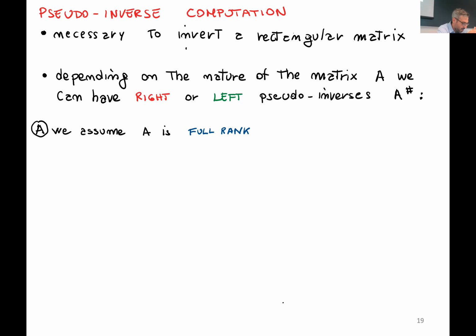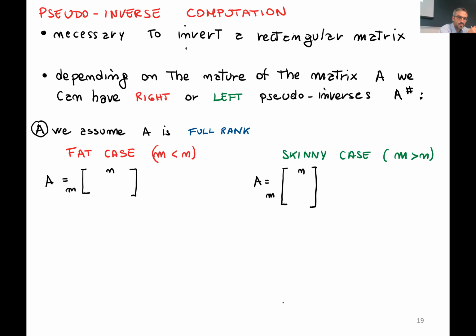And at first, we assume that the matrix A is full rank. We want to compute the pseudo inverse of this matrix, while in the skinny case, the matrix is like this. And in this case, the fat case, the pseudo inverse has the rows and the columns flipped around.